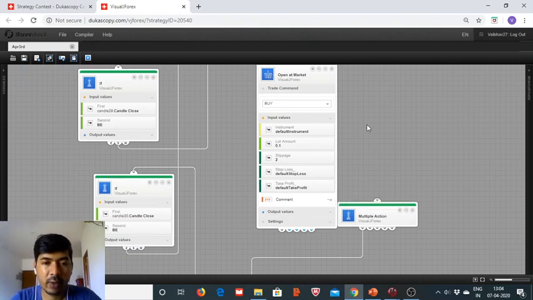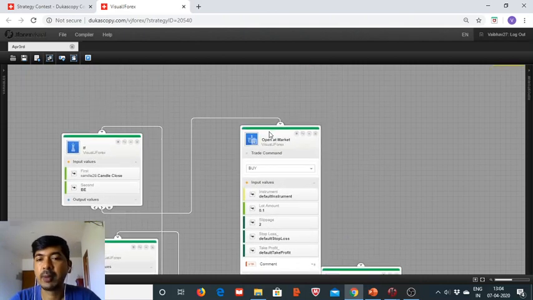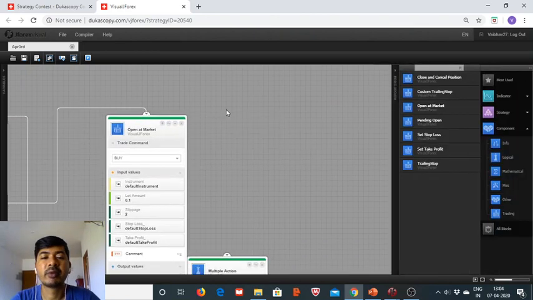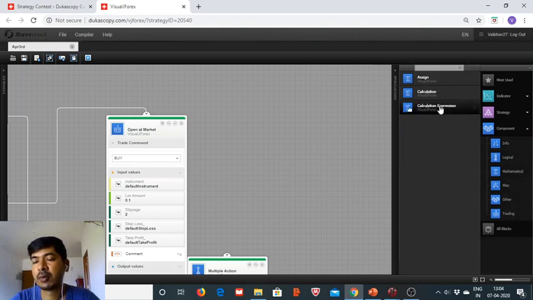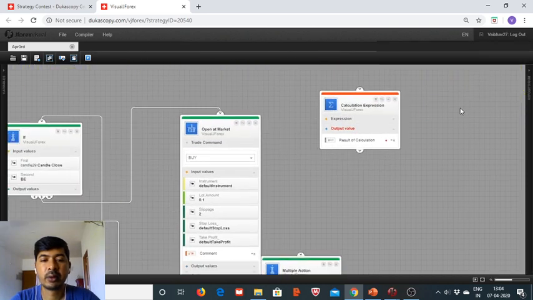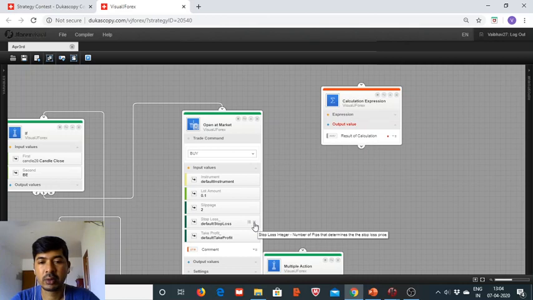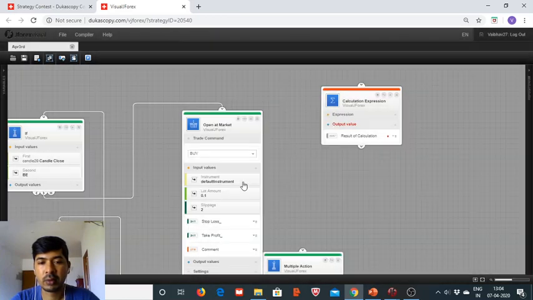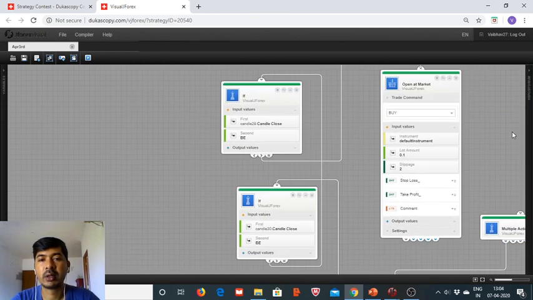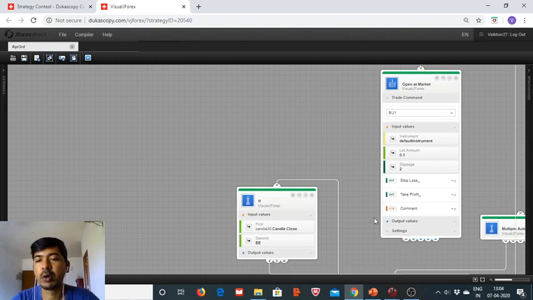But for our purpose we are making it dynamic, so we bring in calculation expression, and then we define the range using the ATR. So now we take the calculation expression, we will cut out both these default values. Okay, let me take these if conditions back to where they belong.